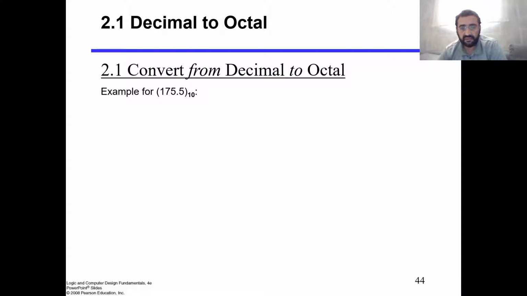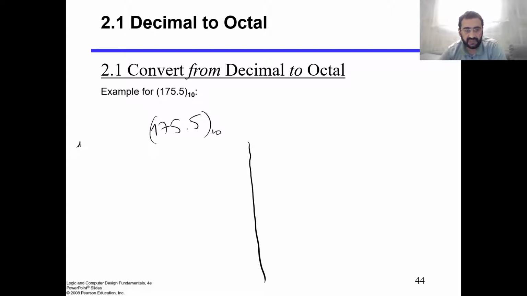Now, if we are doing the conversion from decimal to octal, we have 175.5 in decimal. We want to convert it to octal. So we will have 2 steps here. We will have a first step where we make the successive divisions, and a second step where we make successive multiplications. So we take the integer part, we divide it by 2.